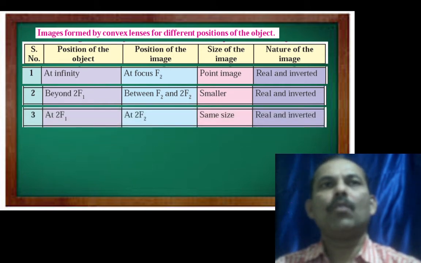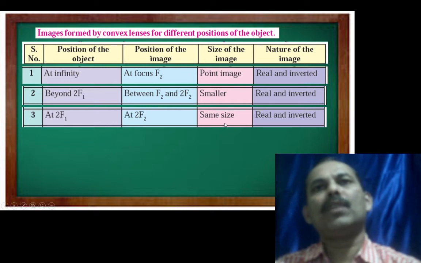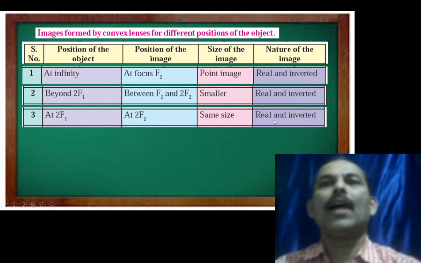When the position of the object is at 2f1, the position of the image is at 2f2 and the size of the image is the same as the object size, and this image is real and inverted.